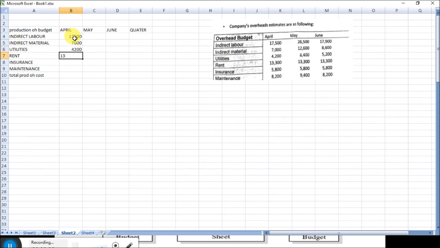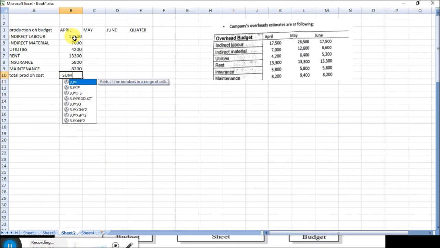Rent is 13,300. Insurance is 5,800 and maintenance is 8,200. By summing all these up, we can get the total production overhead cost for the month of April. Let us add all these numbers and we will get 56,000 as the total production overhead cost in the month of April that the company is incurring.